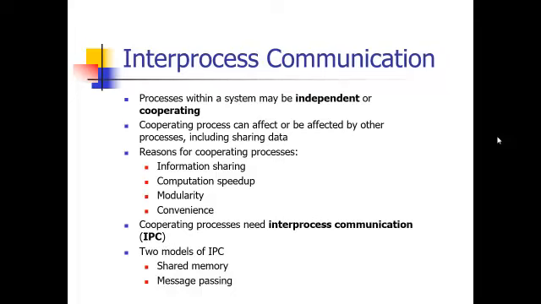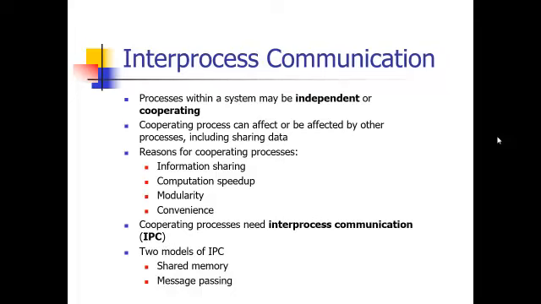With this mechanism, if one particular process fails, it might affect many other processes. So that is one particular problem with cooperating processes. But anyway, in modern operating systems, most of the processes are cooperating processes.